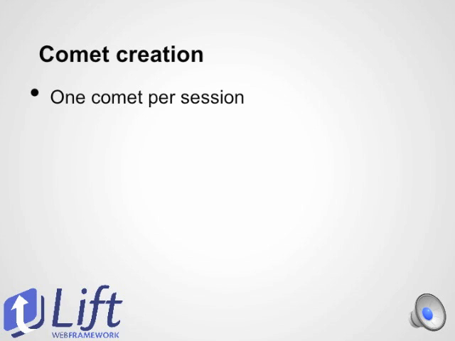It will give you that Comet actor, and if not, it will create a new one. Now it will check for a few things: besides checking just for the class name, it will also check for a name.